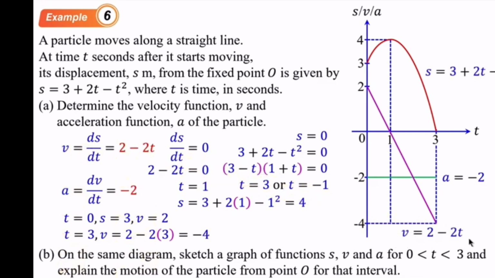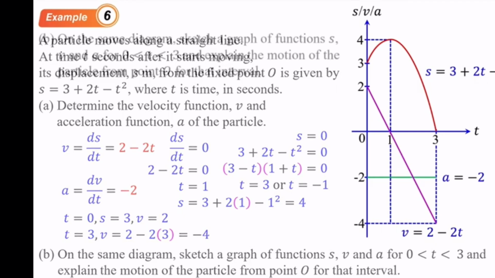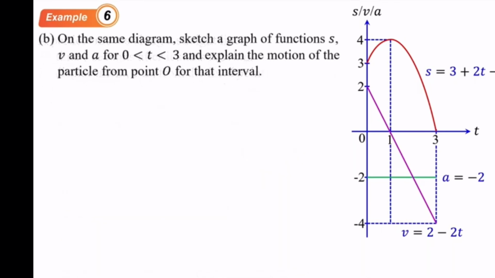And for the acceleration, it's just a equal to negative 2. Meaning that we draw all three graphs. We sketch all three graphs on the same axis because the instructions say we need to sketch, right? Okay, now let's proceed to example 6.